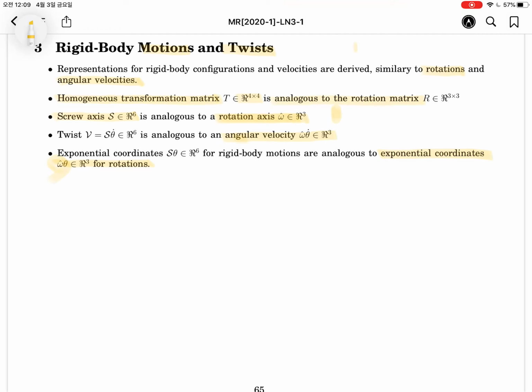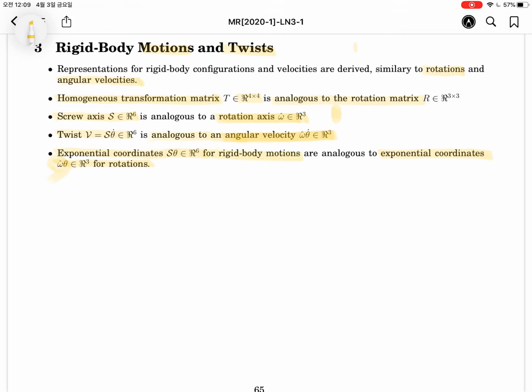On the other hand, the twist, screw axis times angular velocity, will be defined similarly to the angular velocity for the rotation. Finally, the exponential coordinate, S theta belonging to R6, will be described for the rigid body motion.